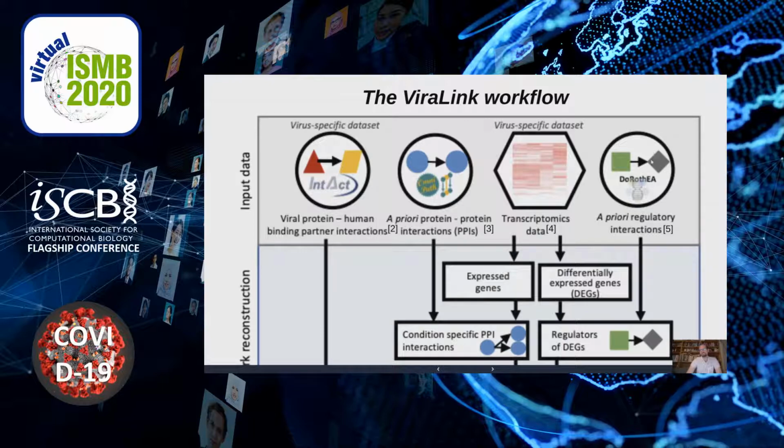These differentially expressed genes we mapped back to transcription factors using the DoRothEA database. Then, we also filtered the signaling network for those genes which are expressed in these bronchoepithelial cells. Then we get a condition-specific PPI.